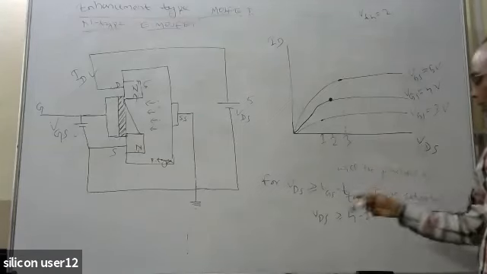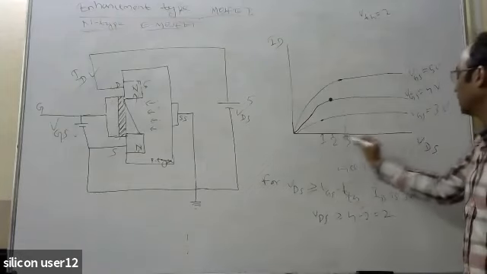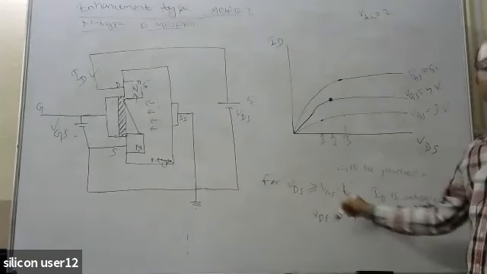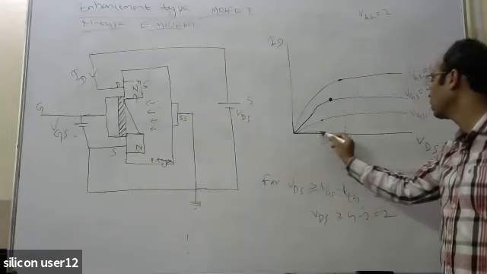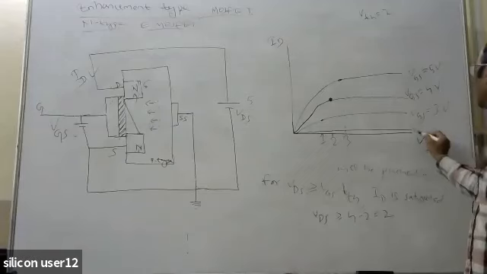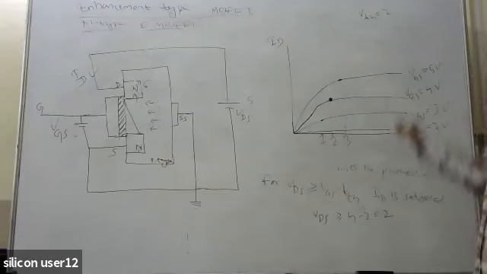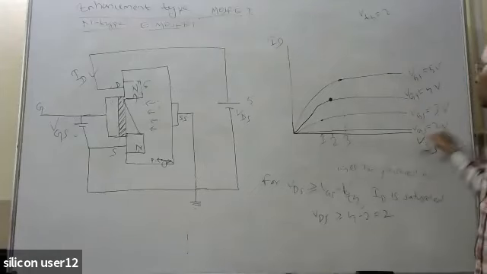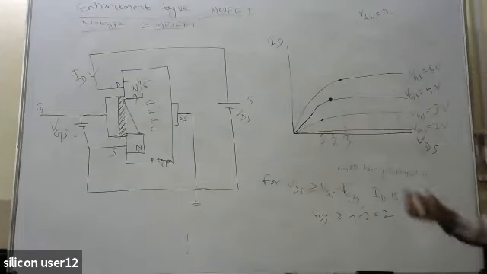Current zero flow will come. If I take VGS as 2, that is 2 minus 2, so VDS slightly above 0 will saturate. Basically this curve will stay at 0. If the threshold voltage is 2, then if you take VGS equal to 2 volt, its drain current will be almost 0. That is what it is indicating.